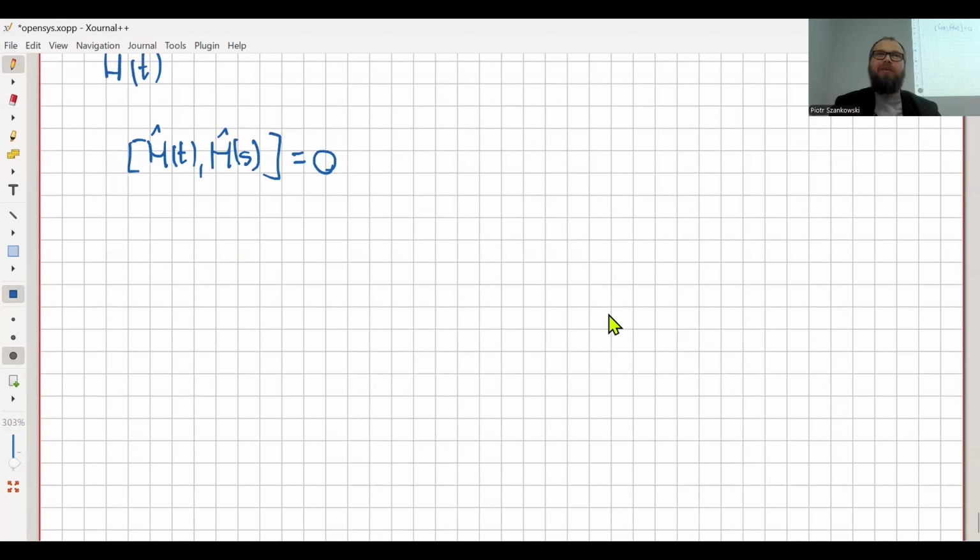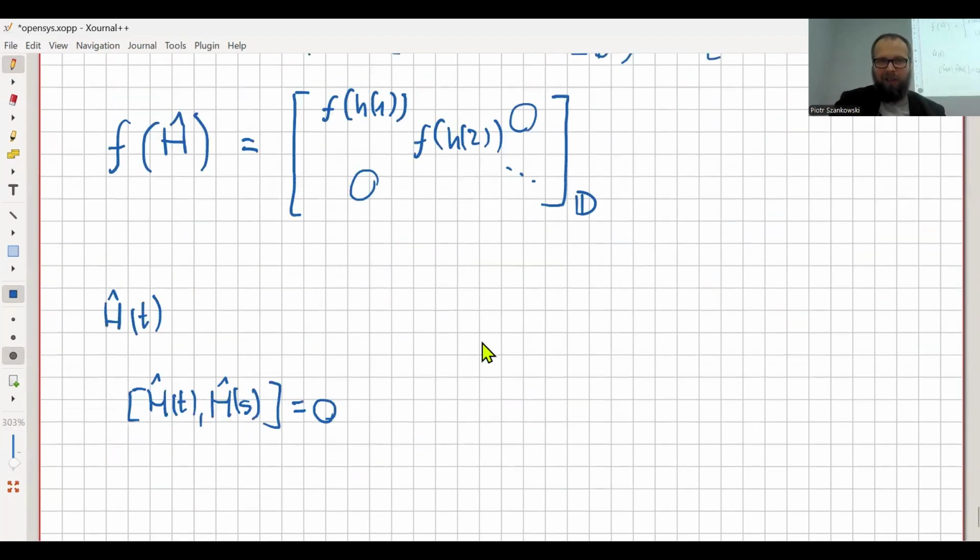And what then? How do you compute your unitary evolution operator if you cannot rely on this formula?